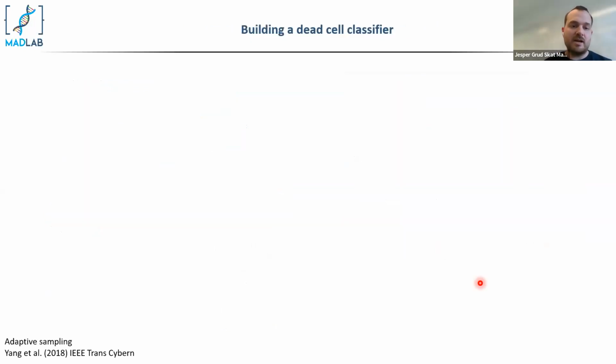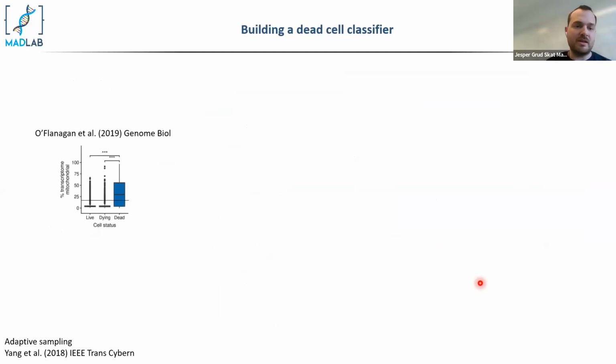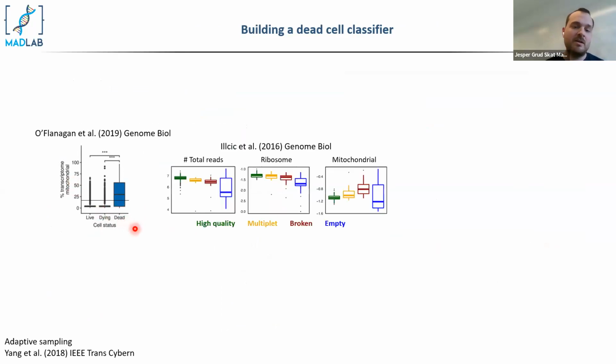To build this classifier, we needed to initially find some labels to work with. What we noticed was that there's evidence in the field that dead cells have higher mitochondrial content than live cells. There are definitely still dead cells that have low mitochondrial content, but generally they have higher. We also see that they have lower ribosomal content and also lower total reads.